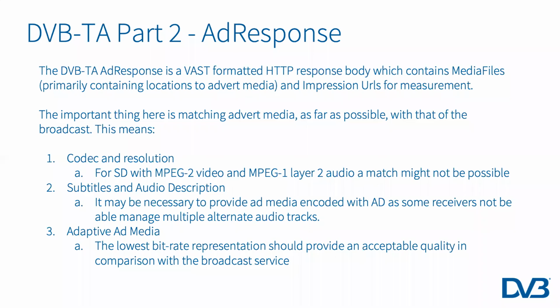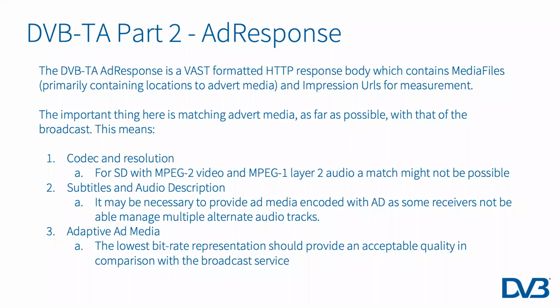And the final point I wanted to make is that this is where you'll list, if you're using adaptive media, your DASH manifest, which will be listed in the ad response. It's recommended that you try and at least match an acceptable level of quality with the lowest bitrate representation in your stream in comparison with the broadcast service.